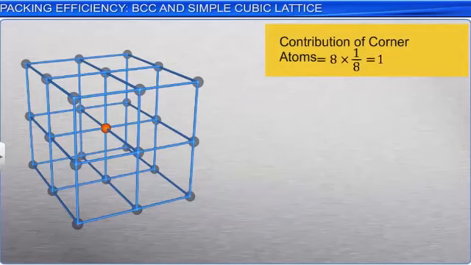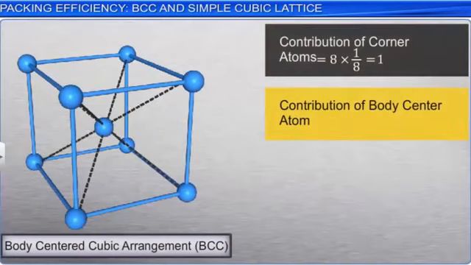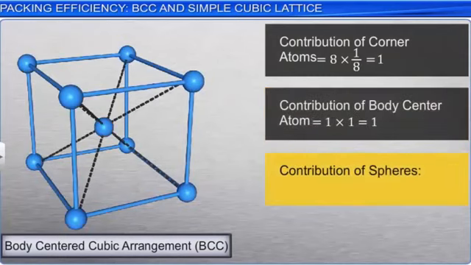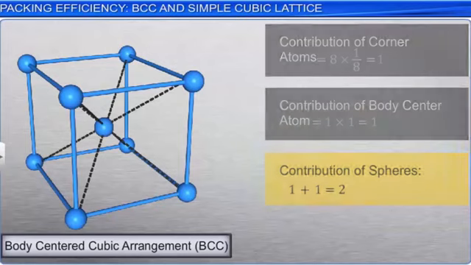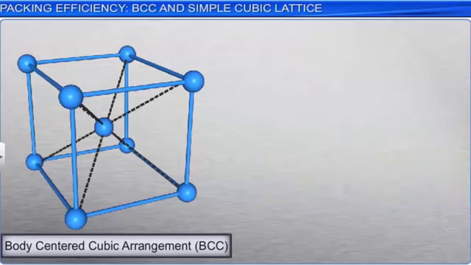The contribution of the atom at the body center is equal to 1 into 1, which is equal to 1. So the total contribution of the atoms per unit cell is 1 plus 1, which is equal to 2. Consider points A, B and C on the unit cell which form a right-angled triangle.